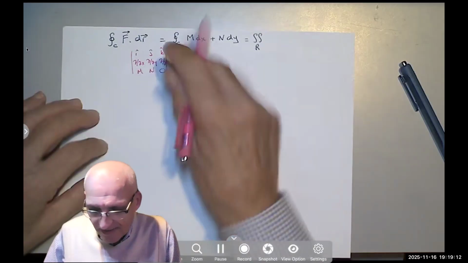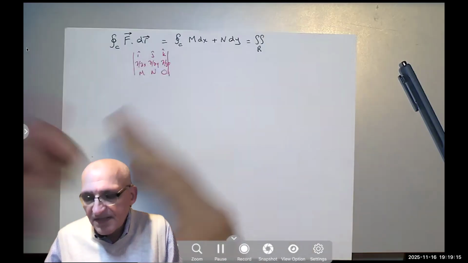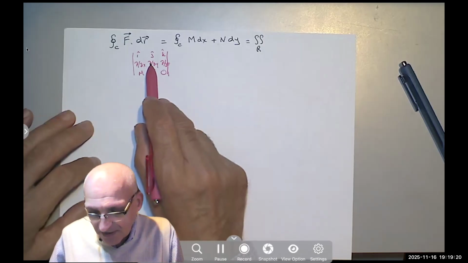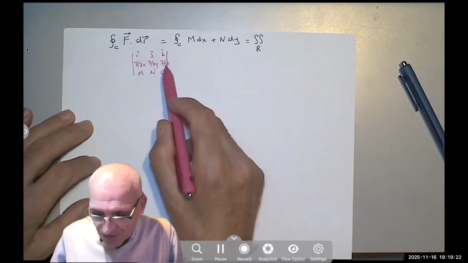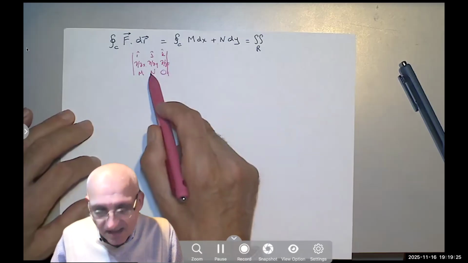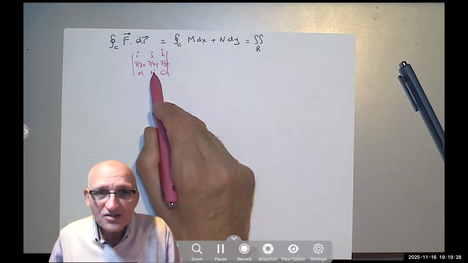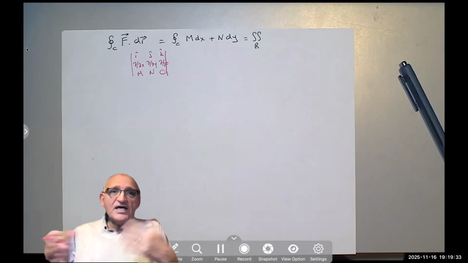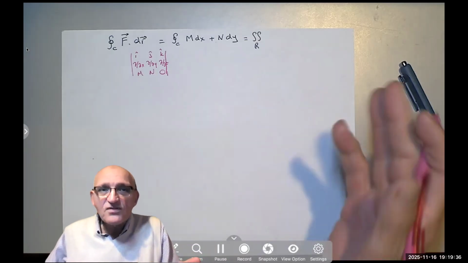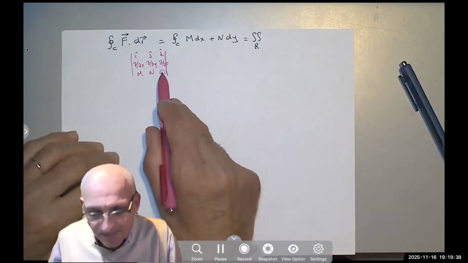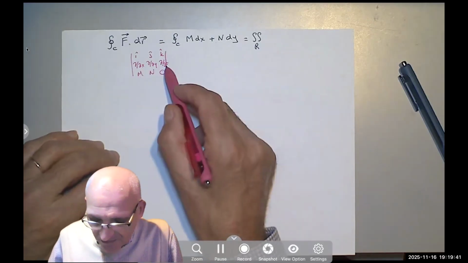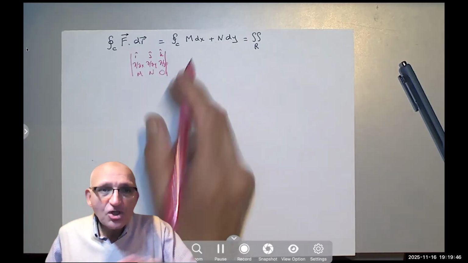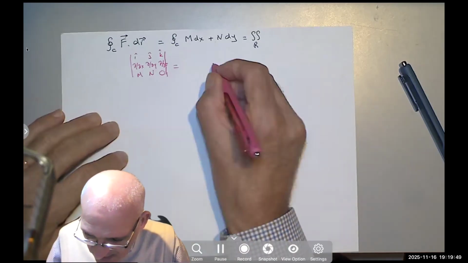There is no reason to use the duplicate column method, because if you take the partial with respect to y of 0, you get 0. And the partial with respect to z of N, since we are in 2D, where N is a function of x or y, is 0. So the i component is 0. Similarly for j, the derivative of M with respect to z is 0, and the derivative with respect to z of something in 2D is 0. So it's only k.